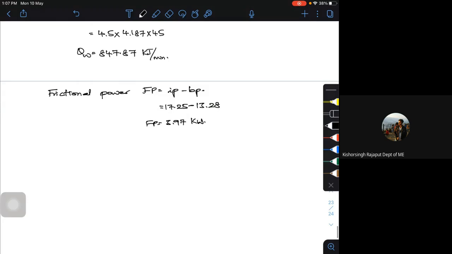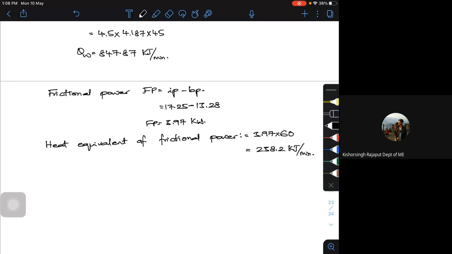What is the heat equivalent of it? I want it in kilojoules per minute, so it is 3.97 into 60, which is 238.2 kilojoules per minute.